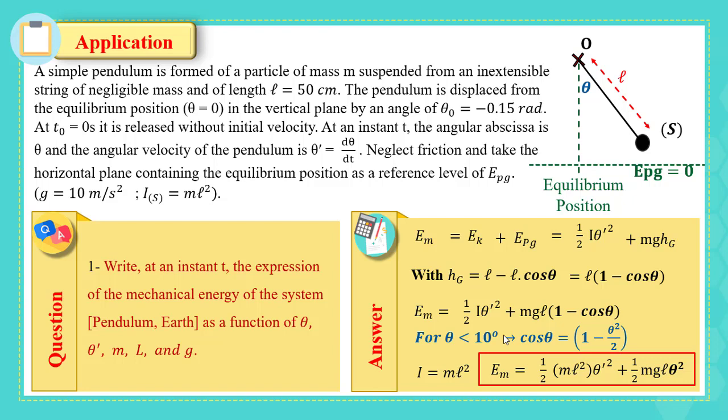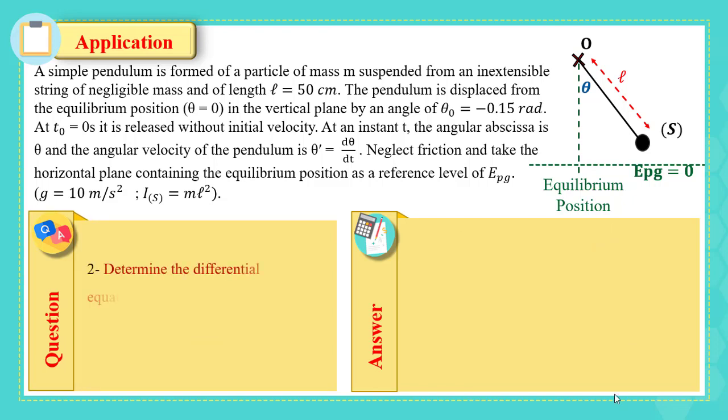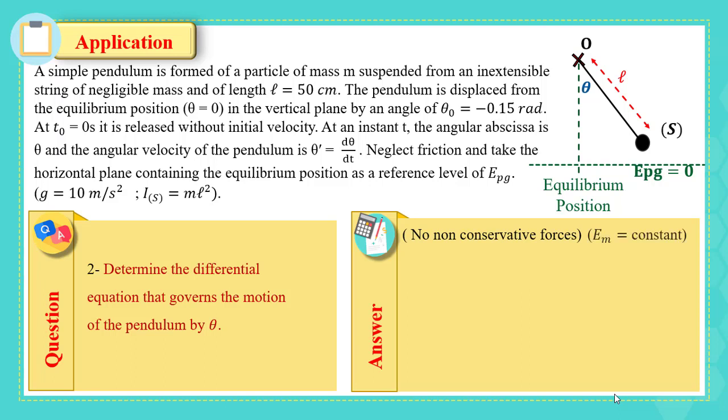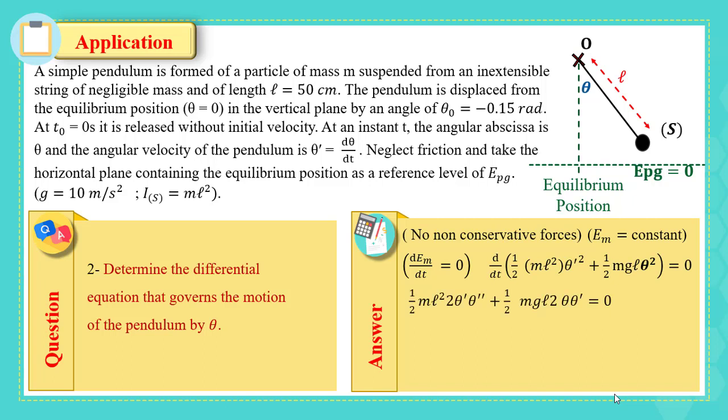Finally, the mechanical energy is half ml squared theta prime squared plus half mgl theta squared. The second part: determine the differential equation that governs the motion of the pendulum by theta. We know that the non-conservative force doesn't exist, so mechanical energy is constant and its derivative is 0. Now, if we make the derivative, we can write half ml squared into 2 theta prime theta double prime plus half mgl into 2 theta theta prime.